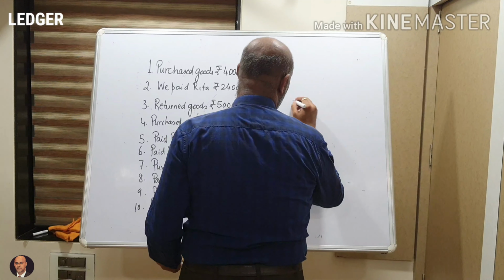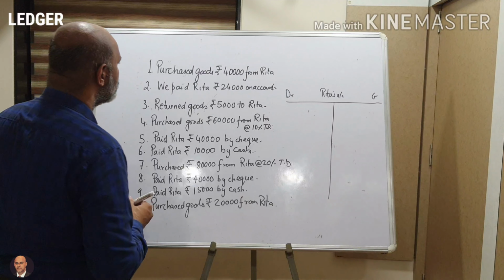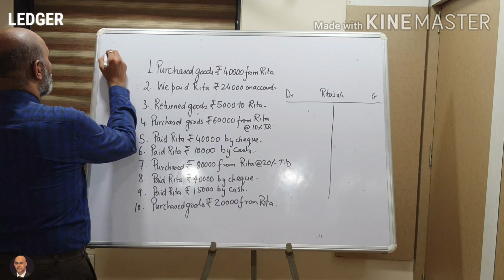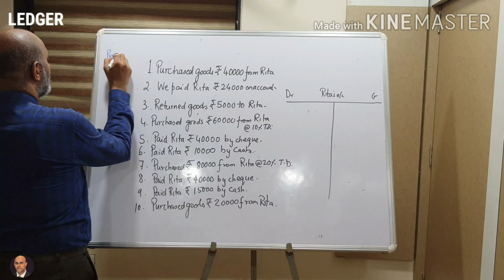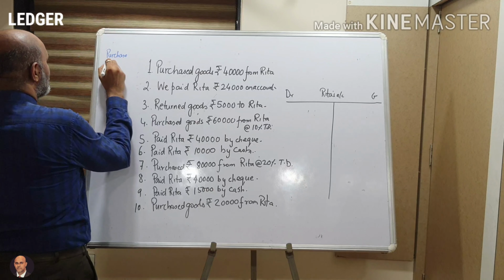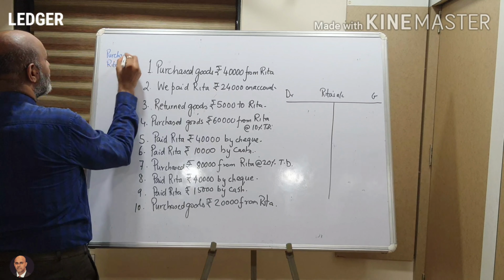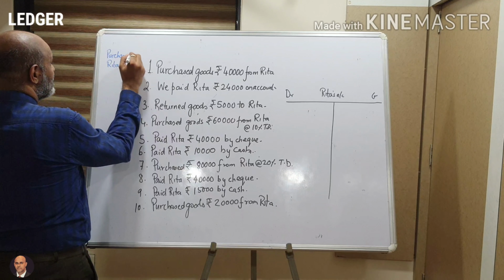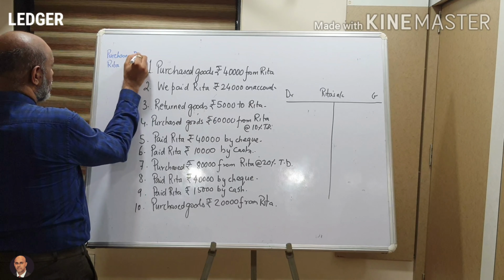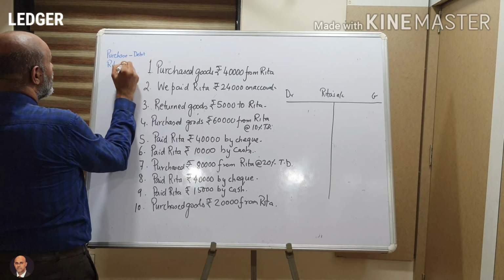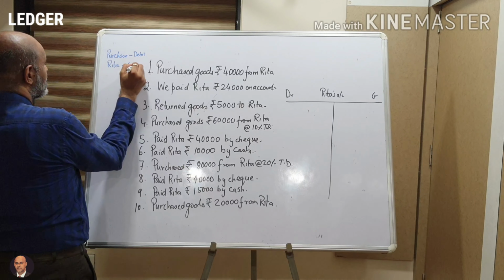Purchase goods rupees 40,000 from Rita. The two accounts involved here are purchase and Rita. Purchase is an expense, so it is debit. Rita is the giver, so it is credit.